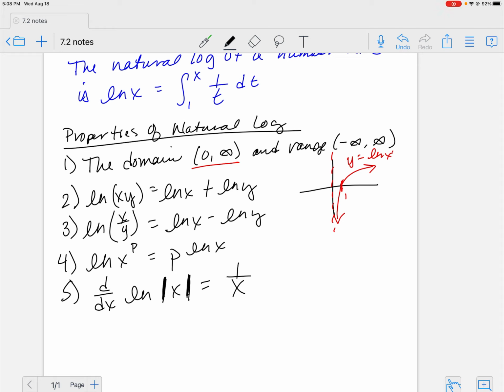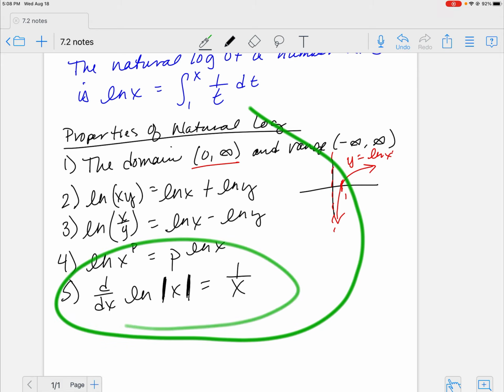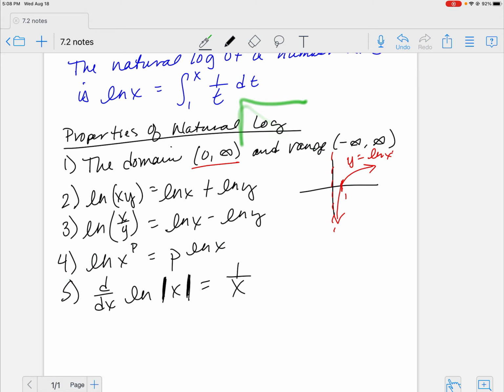Look at what's happening up here, and this is where we're making a connection. Think back to Calc 1 and the fundamental theorem of calculus. The fundamental theorem of calculus has 2 parts, right? It's the part where you can find a derivative based on an integral where you have that variable and you plug that in and you get 1 over x. That's the derivative, right? Fundamental theorem of calculus part 1.